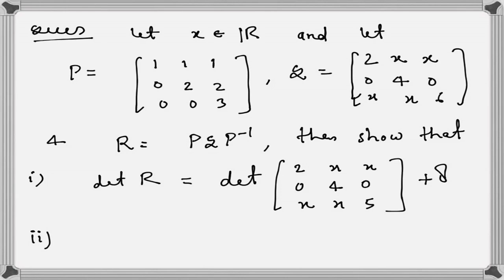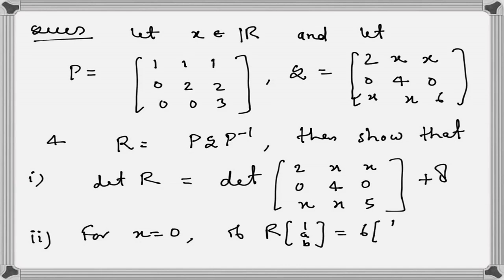Second part is, for x equal to 0, if R times 1 a b is equal to 6 times 1 a b, then a plus b is equal to 5. Okay, so let's solve this problem.